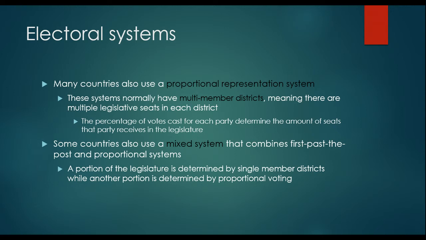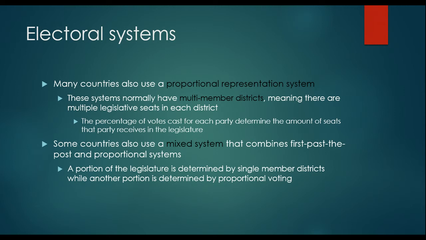So if 50% of the vote goes to one party, 20% goes to another, and the remaining 30% goes to the last party, that's how the representatives for that district are going to be mixed within the actual legislature.